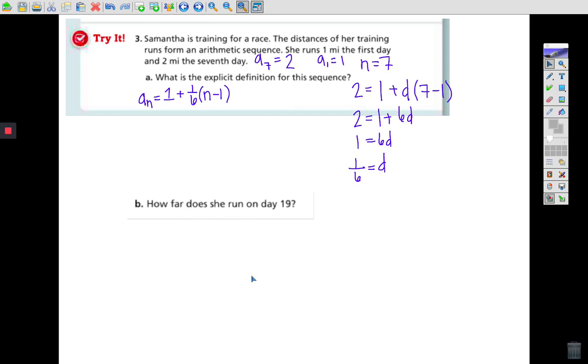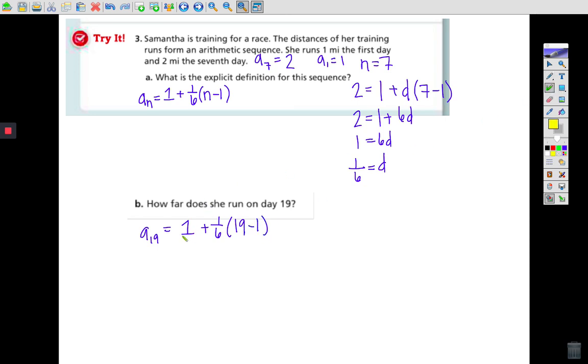Well, now I need to figure out how much she's going to run on day 19. Well, instead of plugging 7 in for n, what am I going to plug in for n now? 19. So A sub 19, because that's the 19th day, equals 1 plus 1 over 6 times 19 minus 1.